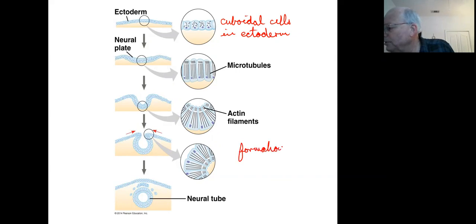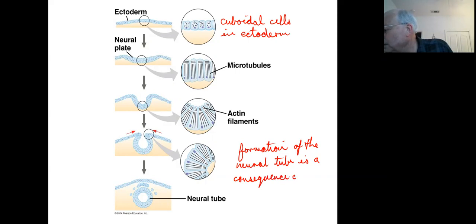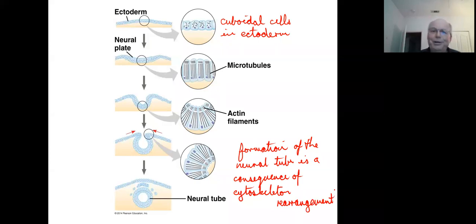A note here: formation of the neural tube is a consequence of cytoskeleton rearrangement. So it's simply the cytoskeleton rearranging the shape of the cells that leads to the formation of the neural tube.